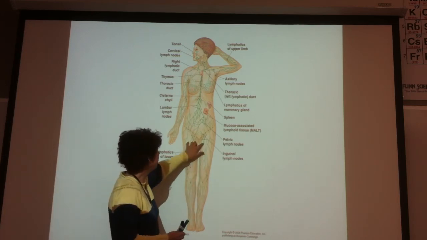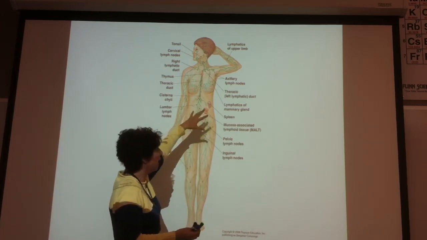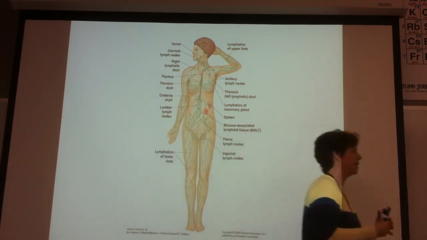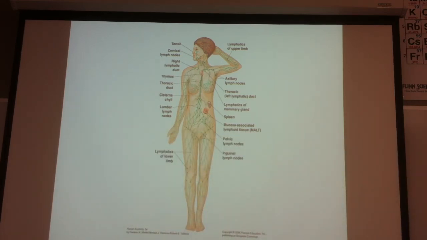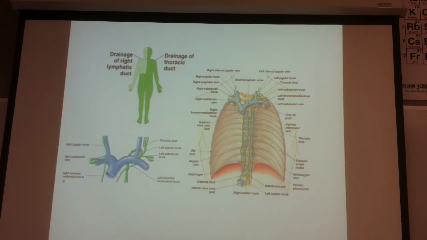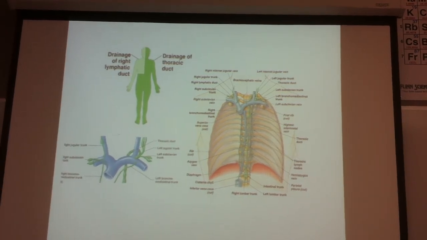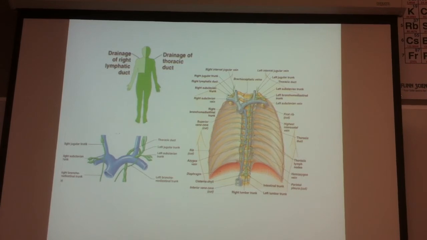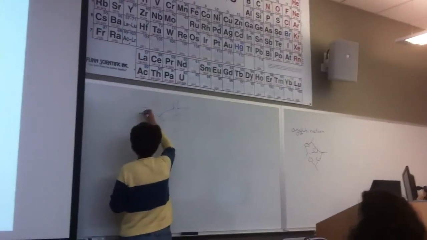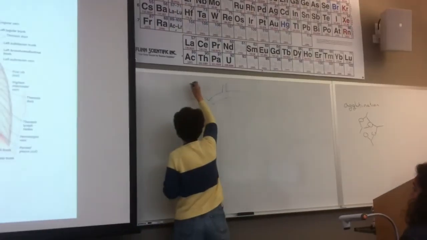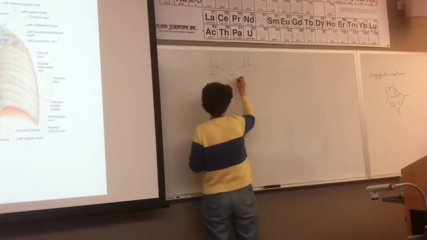And then it enters into these lymphatics, which then use one of two different ducts to empty back into the cardiovascular system. And this is an asymmetrical pathway. So we have the lower extremity and the left side of the body, and then the left side of the upper extremity using two different systems.